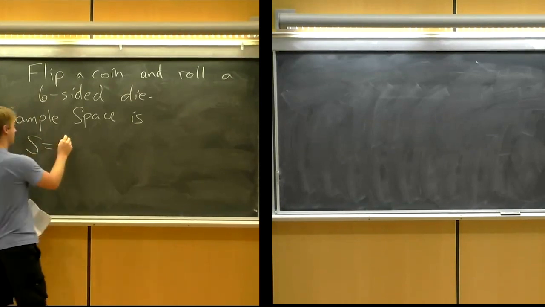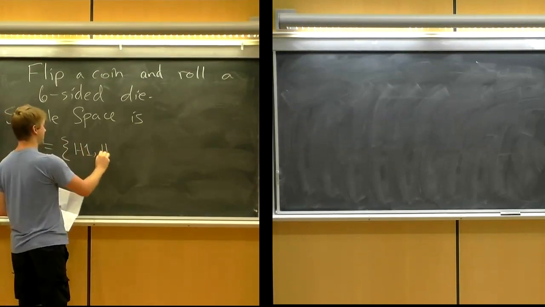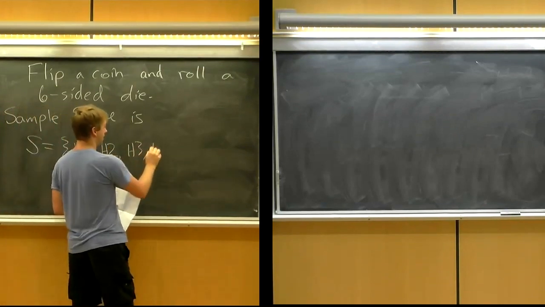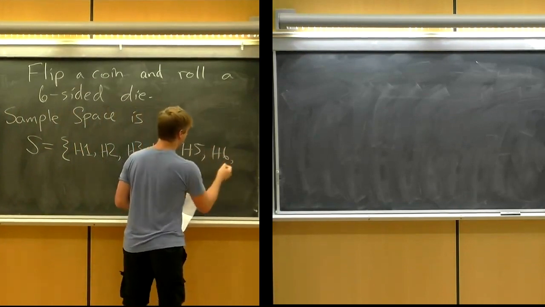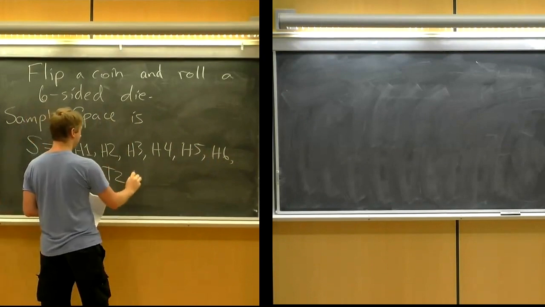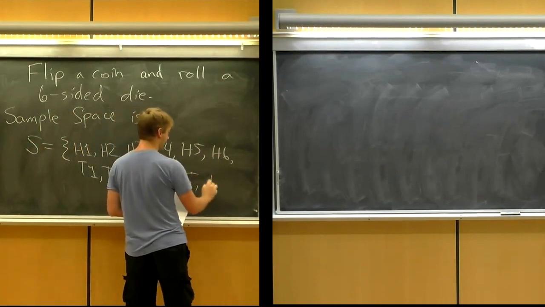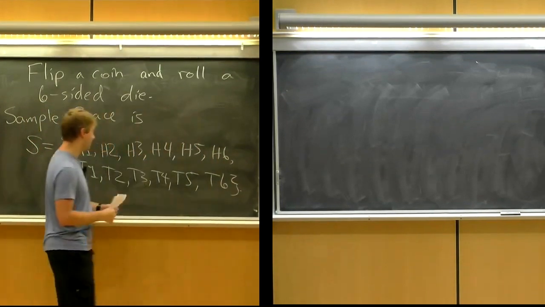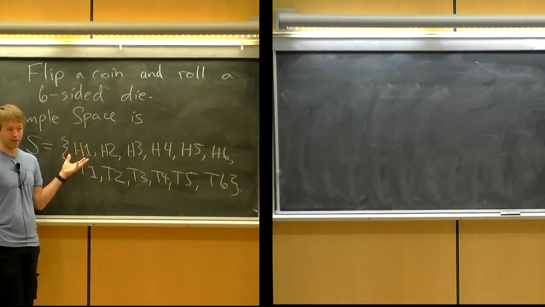In this case, the set of possible outcomes are heads and 1, heads 2, heads 3, heads 4, heads 5, heads 6, or it could be tails 1, tails 2, tails 3, tails 4, tails 5, and tails 6. Meaning, for the coin, it can be either heads or tails. For the die, it could be 1 up to 6. And so these are your possible outcomes.